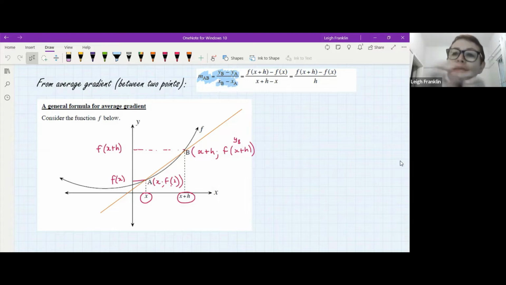But it doesn't tell me the gradient at a particular point. And that's what calculus is all about. It's all about determining the change at a particular point in time.